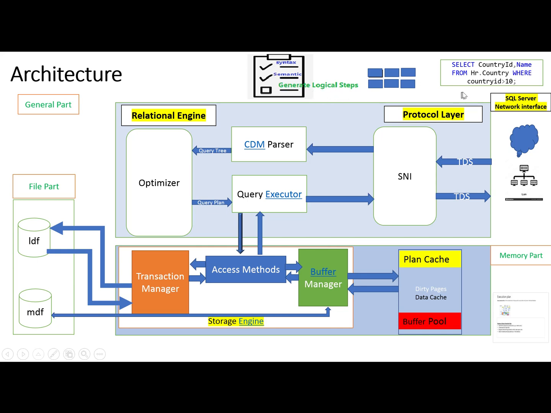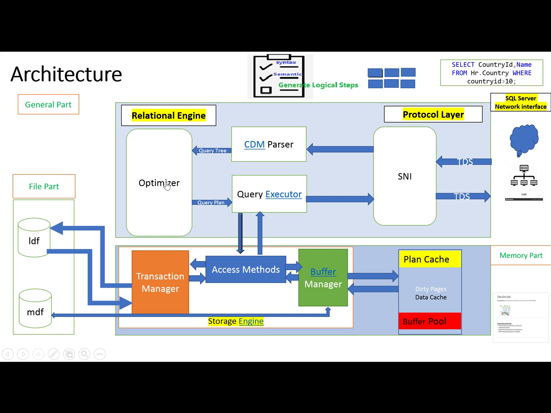In the logical steps, it separates logical units like select, from, and where, makes a separate unit for the identifiers, the tables and column names, and another for the operators. These logical steps then pass to the optimizer.